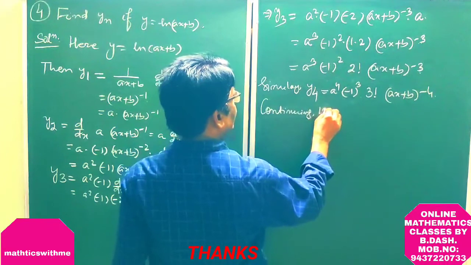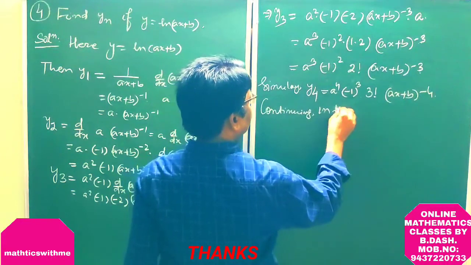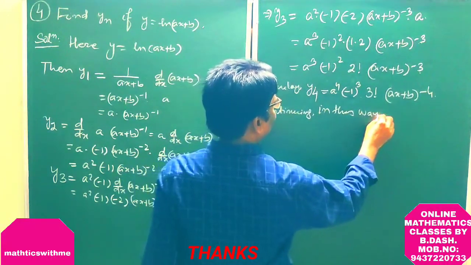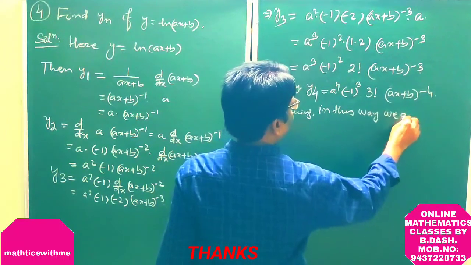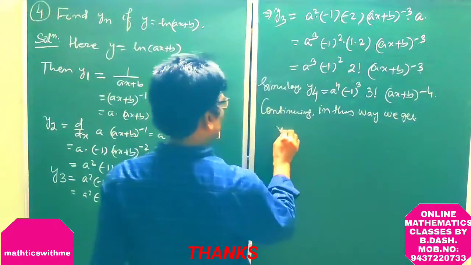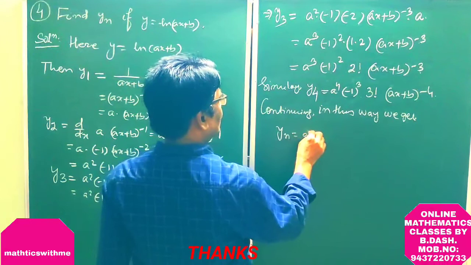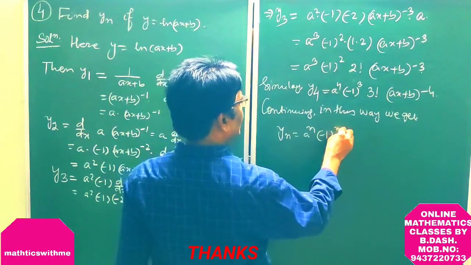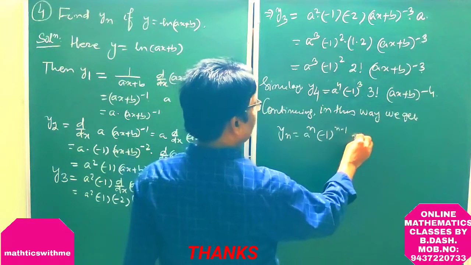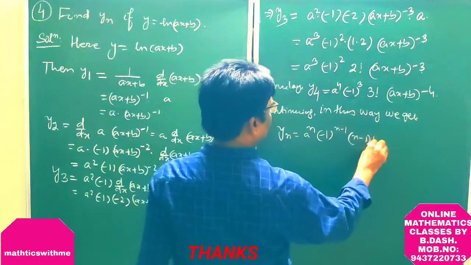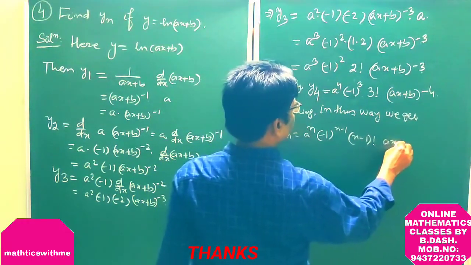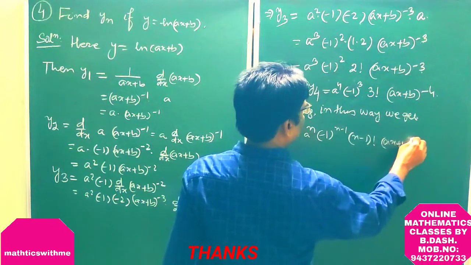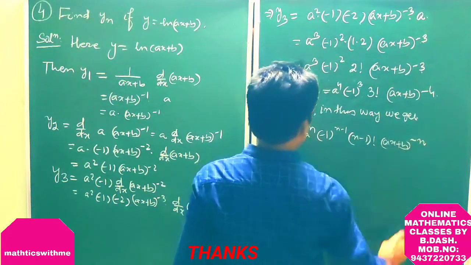Continuing in this way, we get yn is equal to a^n (-1)^(n-1) (n-1) factorial (ax + b)^(-n).